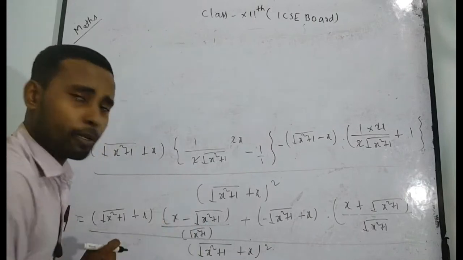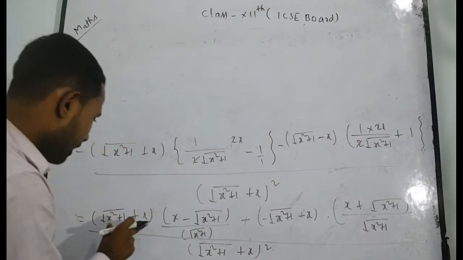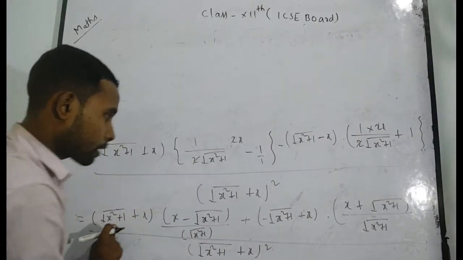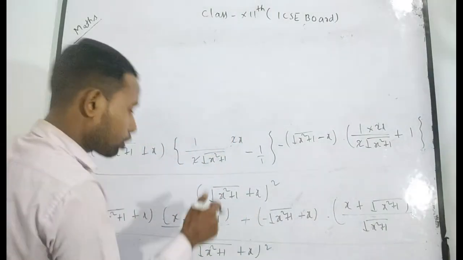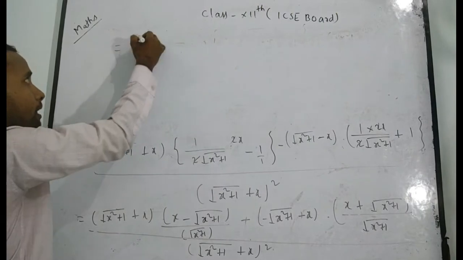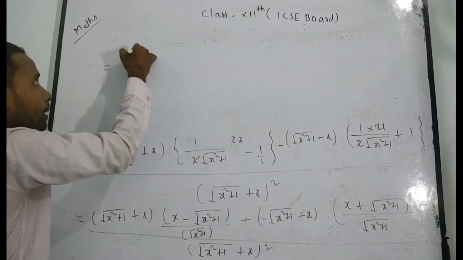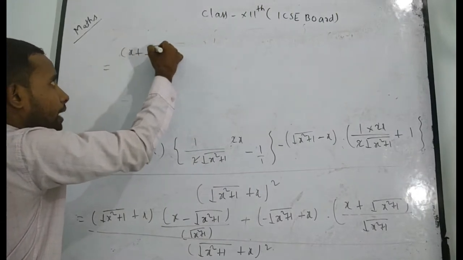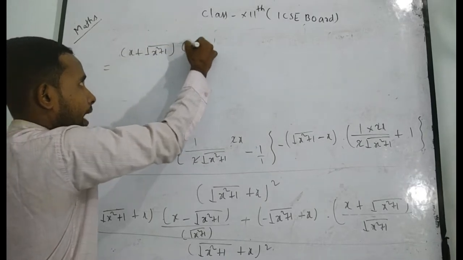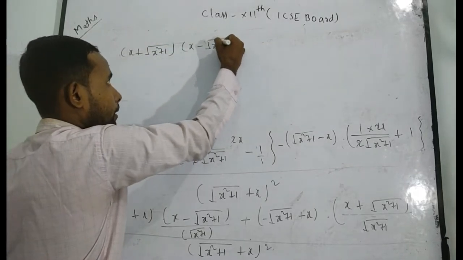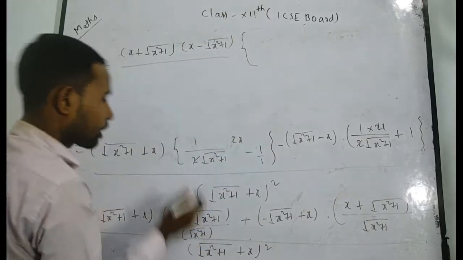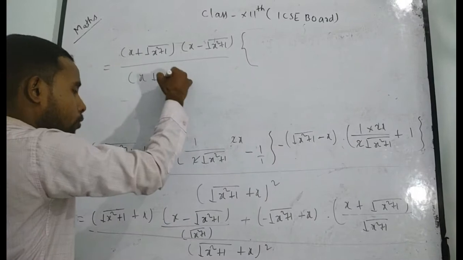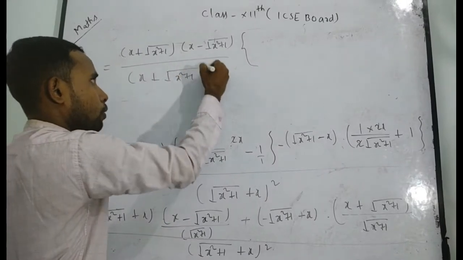Can you take common x plus root under x square plus 1 in both terms? After taking common, you will get x plus root under x square plus 1 into x minus root under x square plus 1, divided by, in the denominator, x plus root under x square plus 1 whole square.